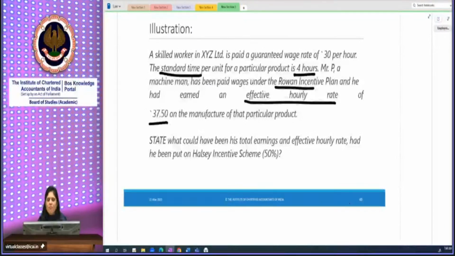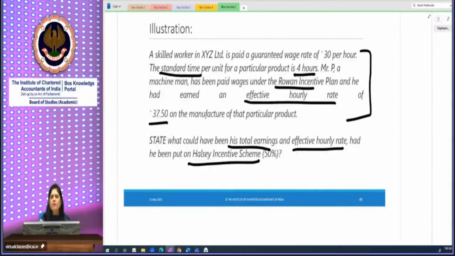State what could have been his total earnings and effective hourly rate had the Halsey incentive plan been used. So first you have to calculate for Rowan and then you have to calculate for Halsey. Just try this question. First calculate what he must have got under Rowan.